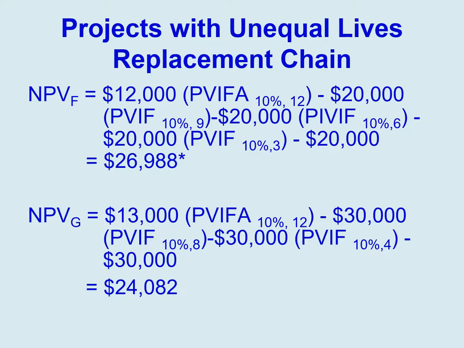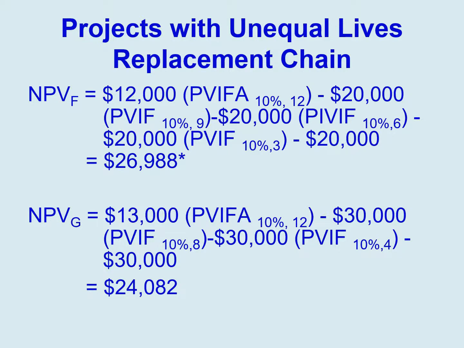My NPV for Project G comes out to $24,082. So using the replacement chain, it turns out that Project F is more profitable, or adds more value. The way we would interpret that is Project F adds $26,988 in value to the firm as a result of investing in it 4 times. That adds more value than Project G.